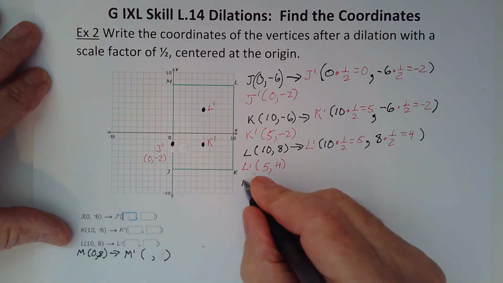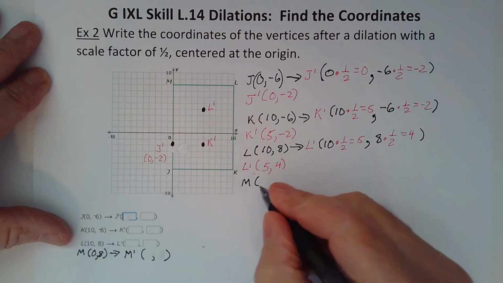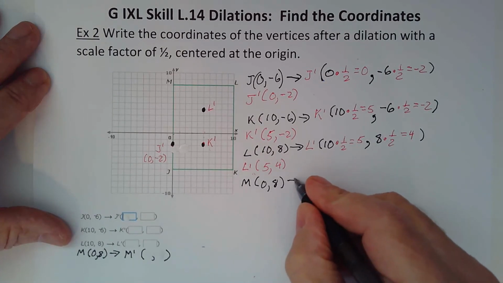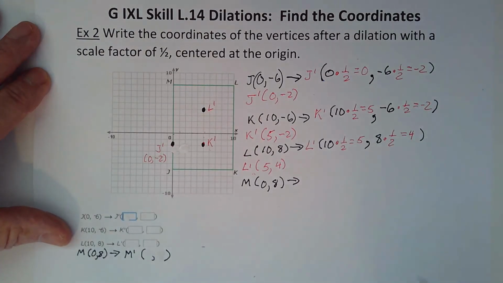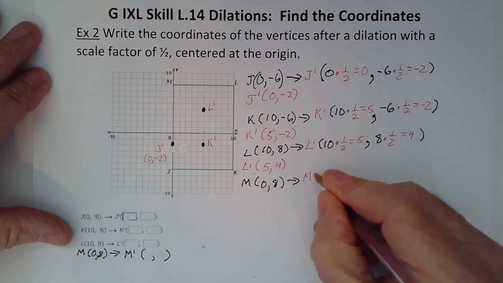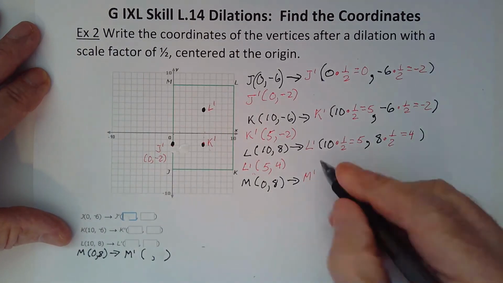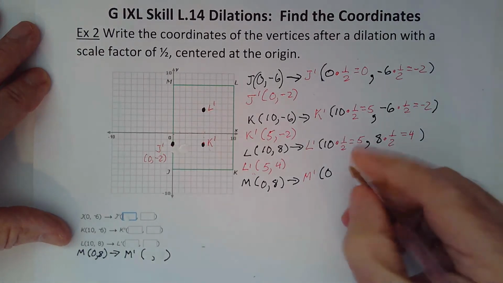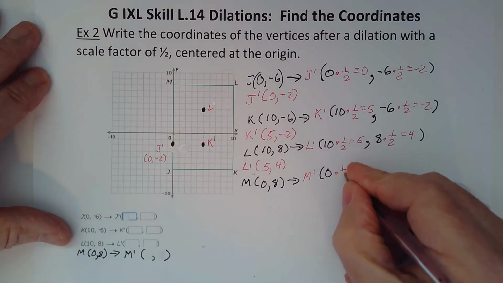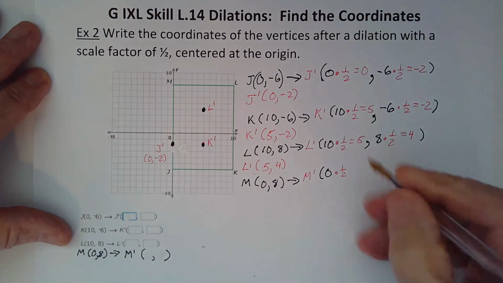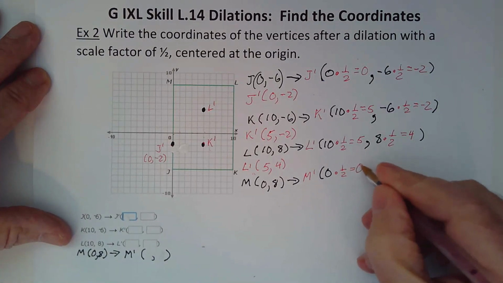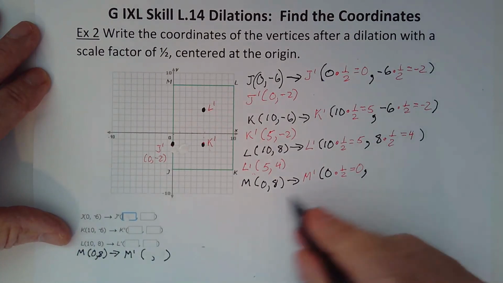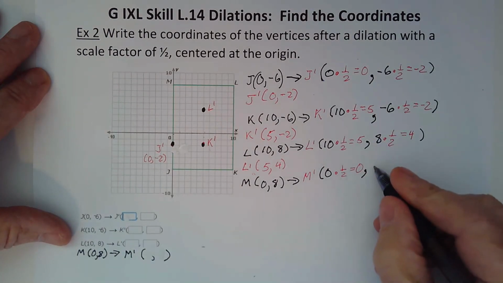And then the last one is M. So M, its coordinates are 0, 8. And that is going to map over here to M prime. And M prime is going to again be 0 times 1/2. And remember, half of 0 is just plain old 0. So that's going to equal 0. And then comma, and then we have our 8 again.